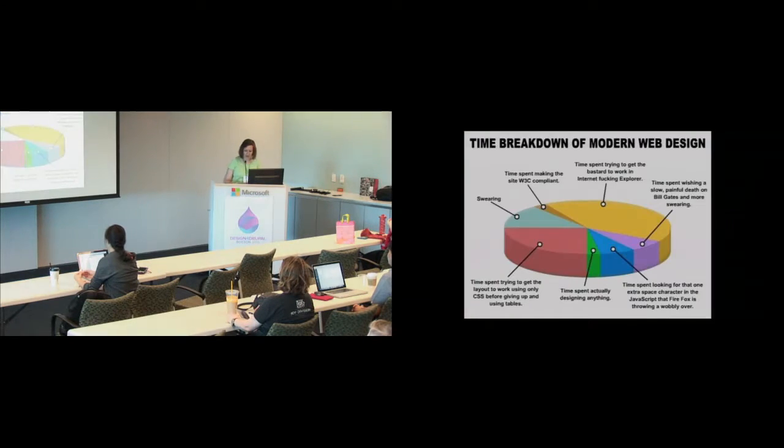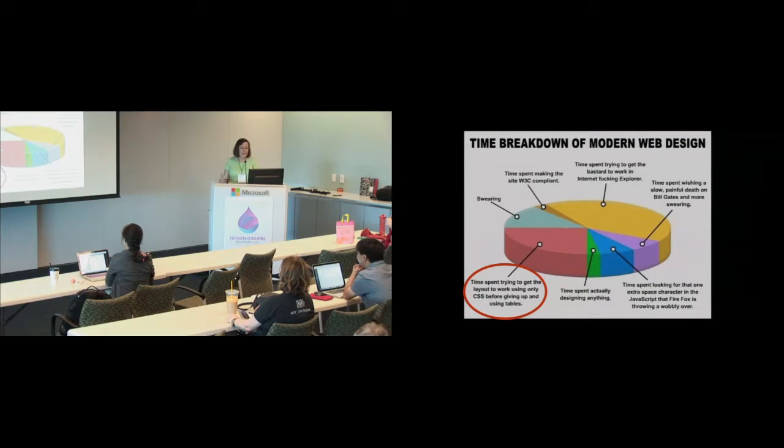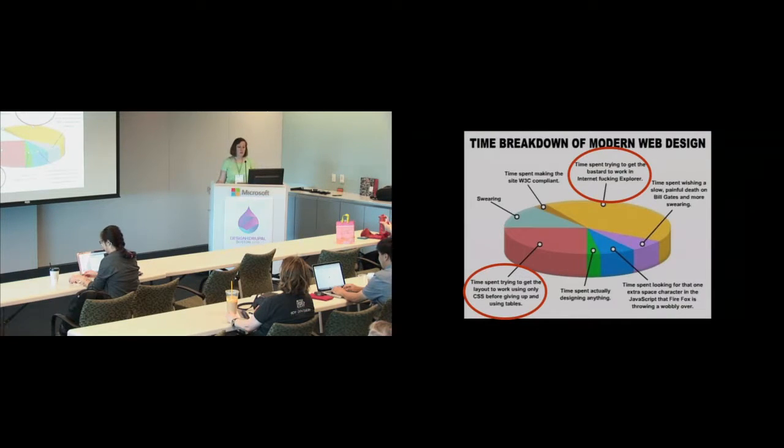We know that most of the time breakdown in modern web design is spent in the following way. The thing that takes up the second most amount of our time happens to be getting the layout to work in CSS before we give up and go back to using table-based layouts. Go tables! Which is only second to, of course, trying to get the bastard to work in Internet Explorer, right?